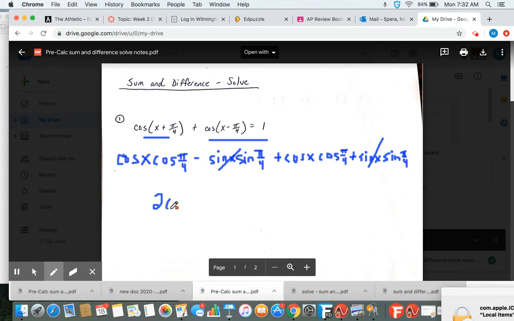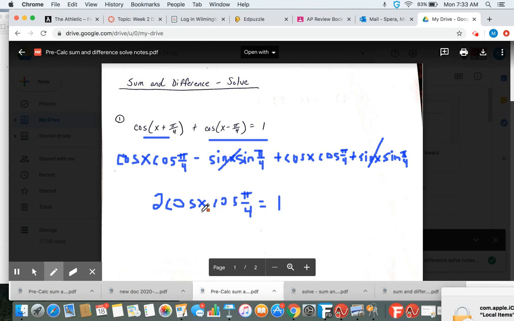So it becomes 2 cosine x cosine of pi over 4 equals 1.